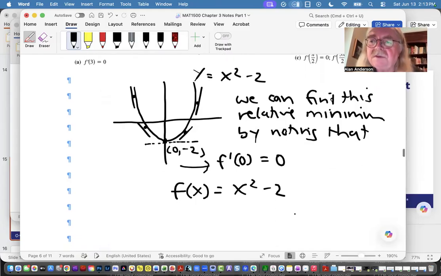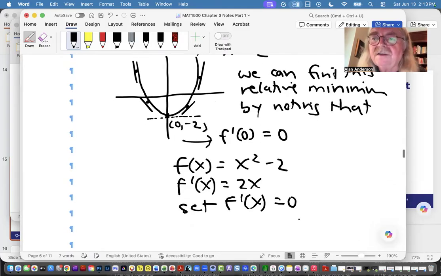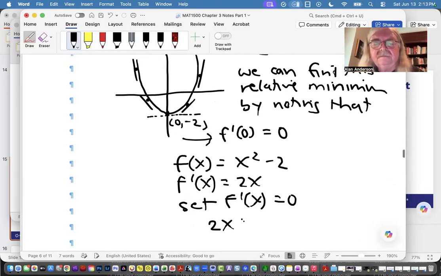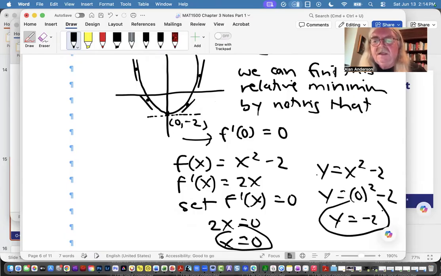We'll use the power rule to solve for 2x, set that equal to 0, and then we'll find our x. Now the y is easy because y equals x squared minus 2. So the point (0, -2) is our relative minimum.